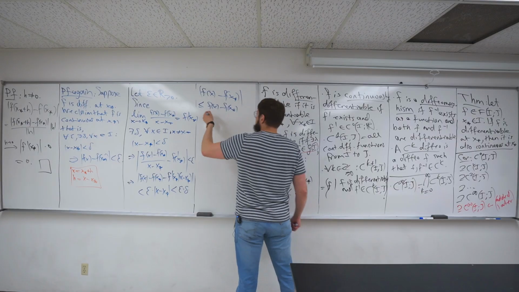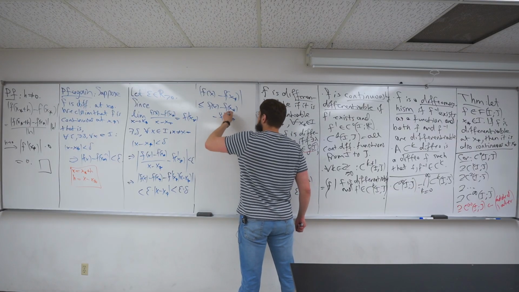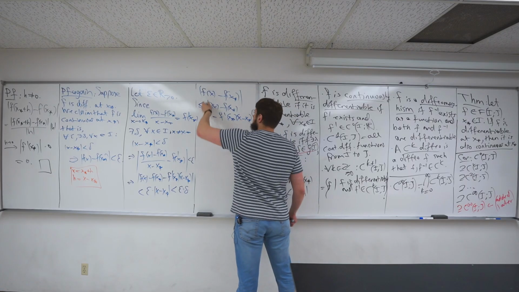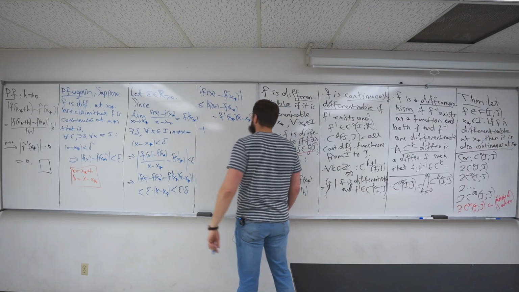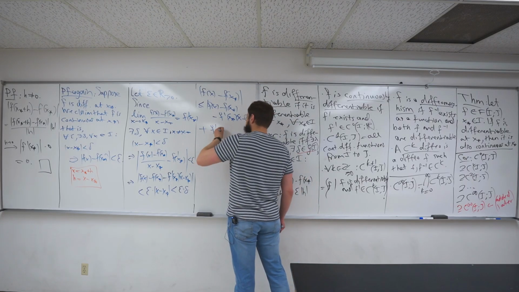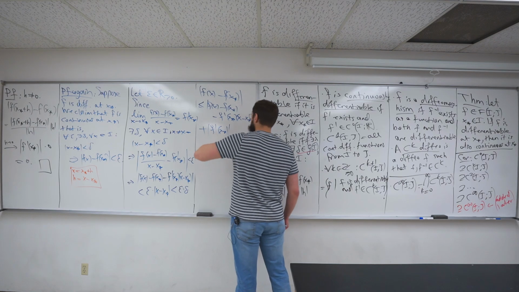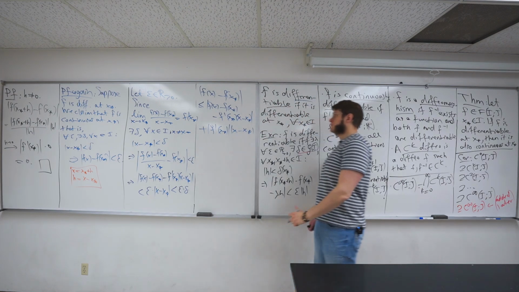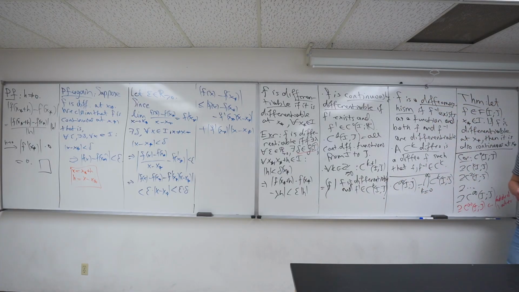So I need to subtract this, and then distribute the absolute value to get this. Okay.